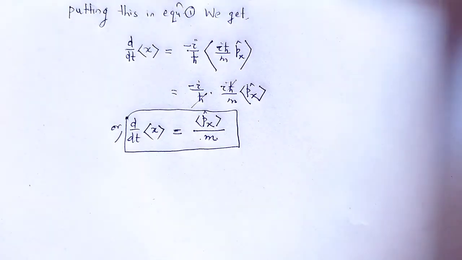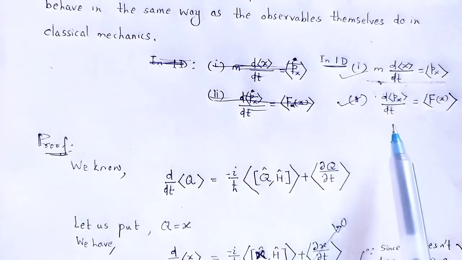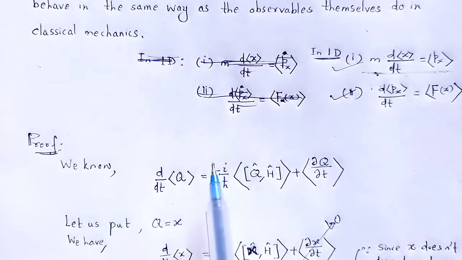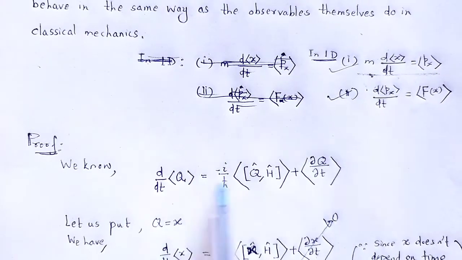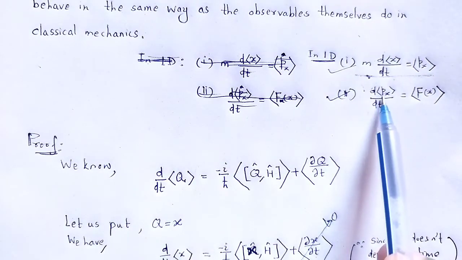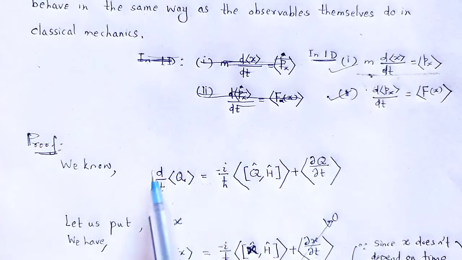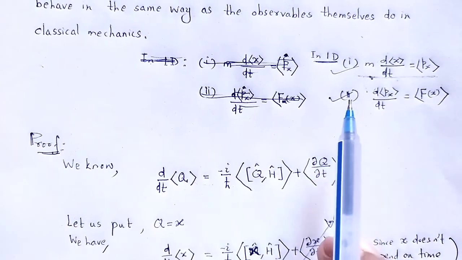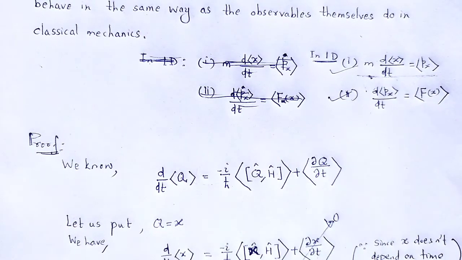Next we have to prove the second one. The second one can be proved when we put p in place of q. That's why that equation changes to a new form and we simplify.